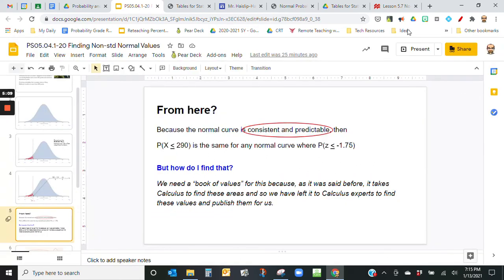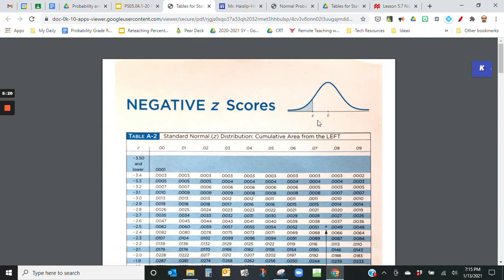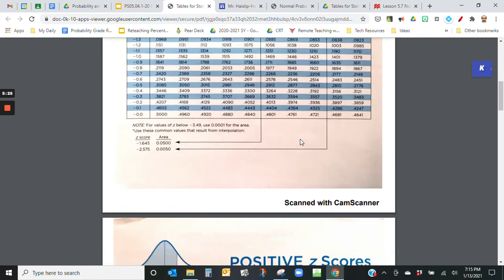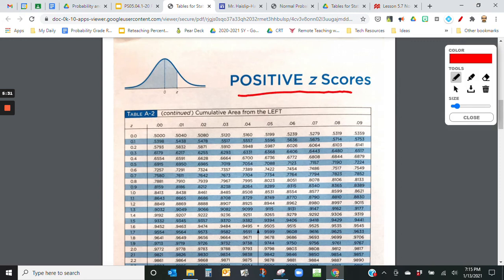Okay? So you have access to a table. The table looks like this. It's a 2-page table. The first page says negative z-scores, and the second page says positive z-scores. And you can see in the picture that when it says positive z-scores, we're talking about scores above the mean. And when it talks about negative z-scores, it's below the mean.